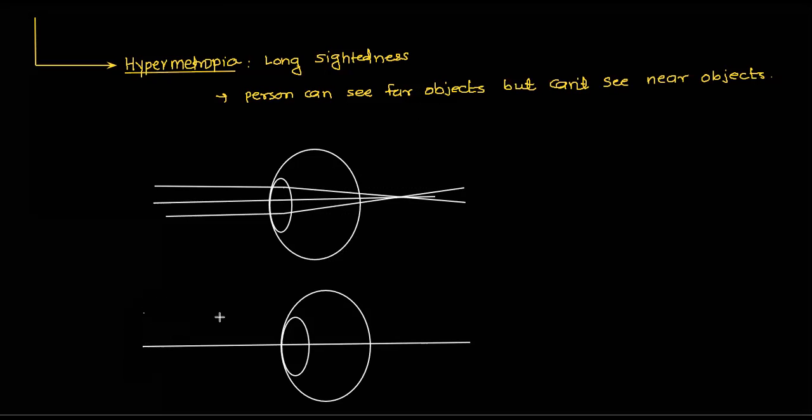For correcting this type of defect, we are using convex lens of suitable focal length, so that all the rays converge on the retina and the person can see the image of the object.